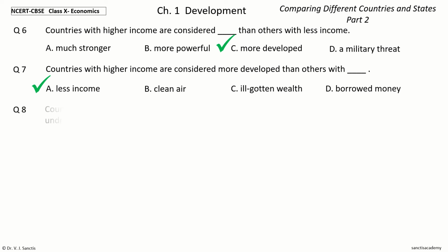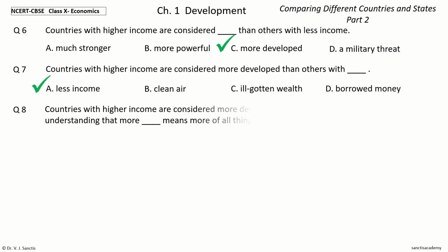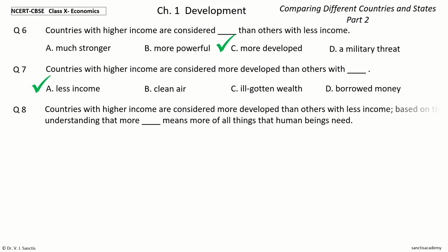Question 8. Countries with higher income are considered more developed than others with less income based on the understanding that more dash means more of all things that human beings need. The options are cash, income, money, credit.